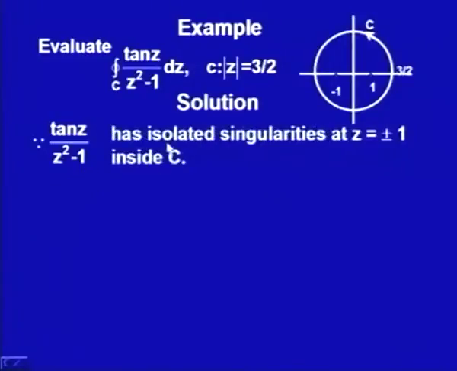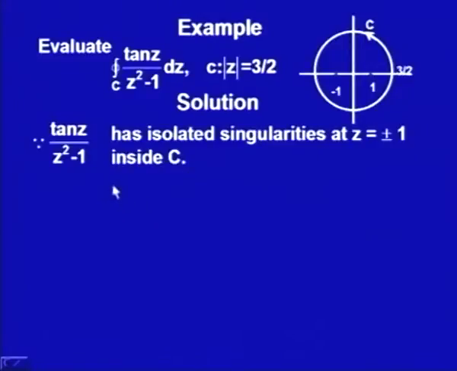So, it has isolated singularities at plus and minus 1, and both these singularities, because the radius is 3 by 2, so this is plus 3 by 2, this would be minus 3 by 2. So, 1 and minus 1 both would be inside the contour C, that is, they are interior to contour C. So, now we have two singularities inside the contour C.